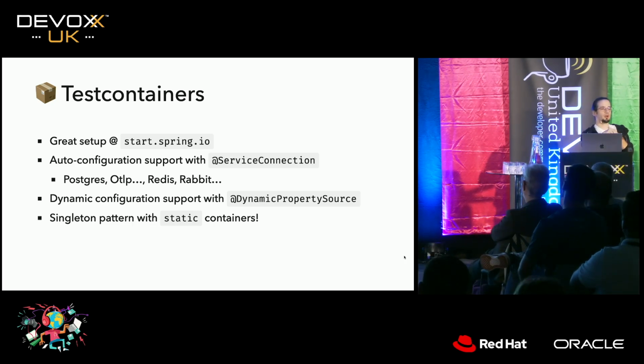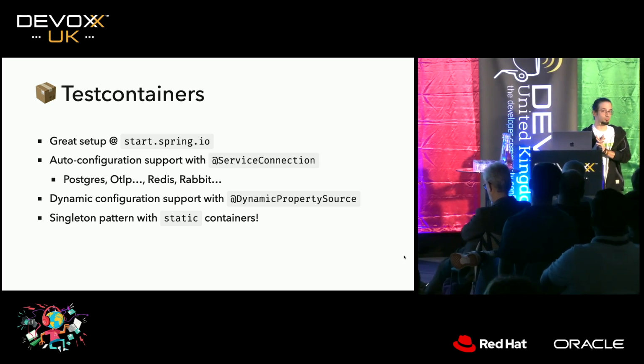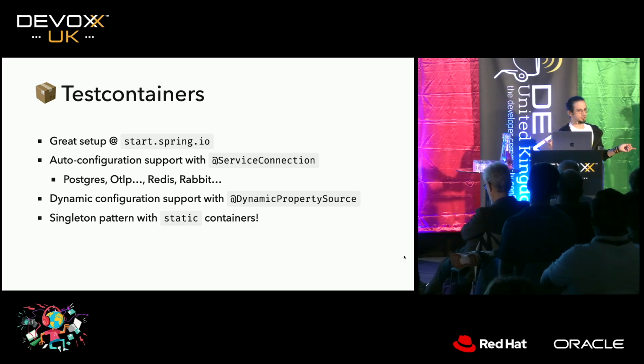So there was a question about running the tests in parallel. You can run the tests in parallel. If you run your tests in parallel with your test runner with Gradle, they will run in their own thread, and they will be completely isolated, so they will start their own container each.